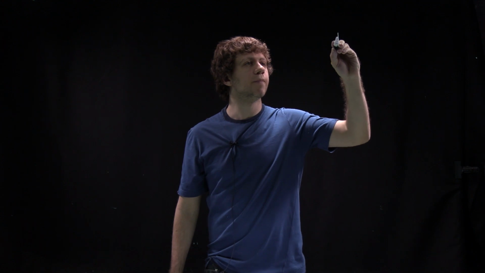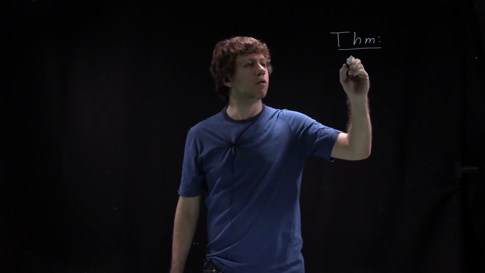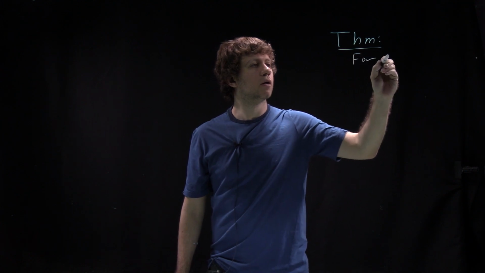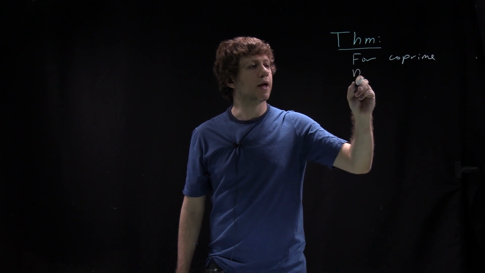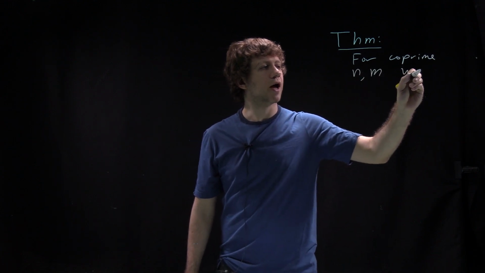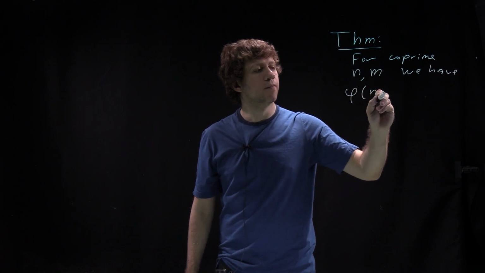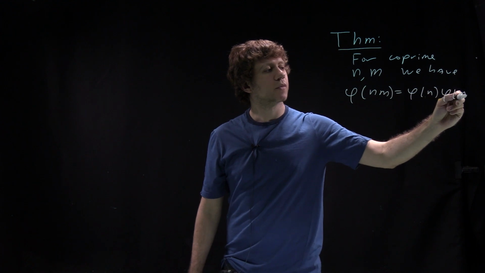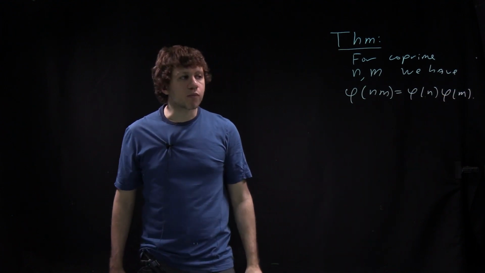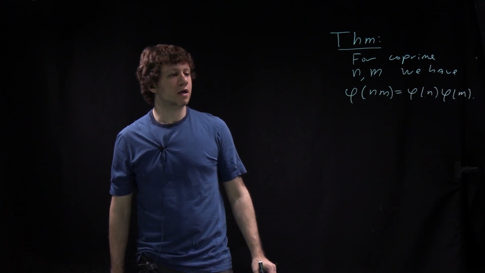Okay, so a very important theorem. For coprime n and m, we have phi of nm equals phi of n times phi of m. So for coprime numbers, this function is multiplicative.